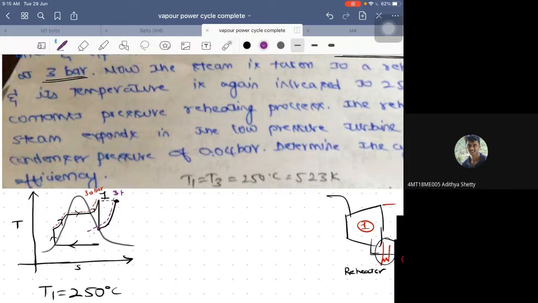Yes, sir. Understood, everyone? Yes, sir. That means the pressure at all these points would be 3 bar. The pressure at all these points would be how much? 30 bar. Very good.